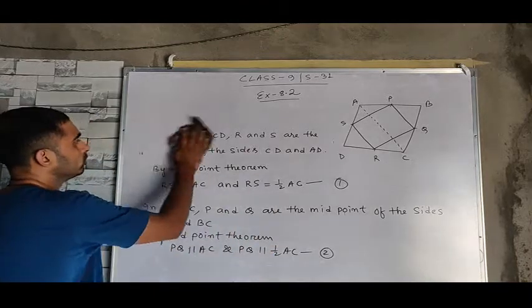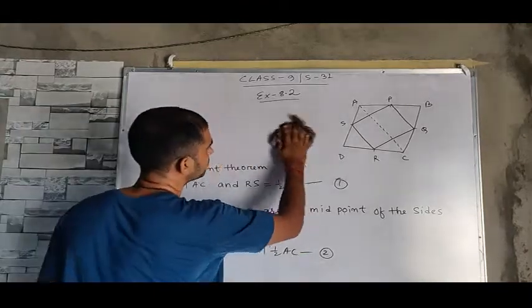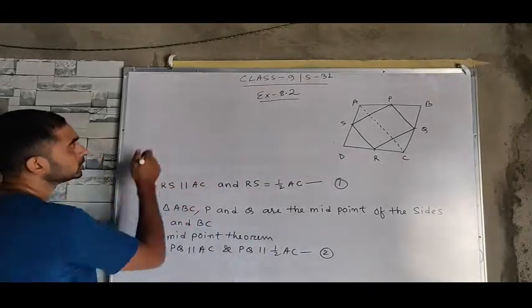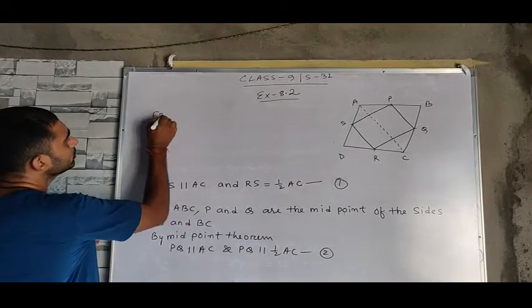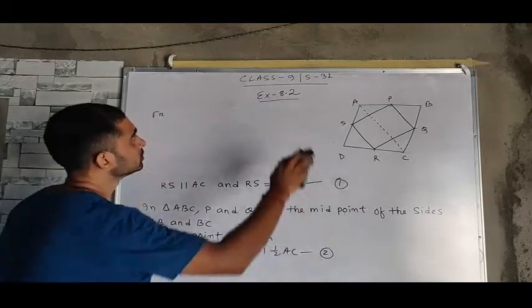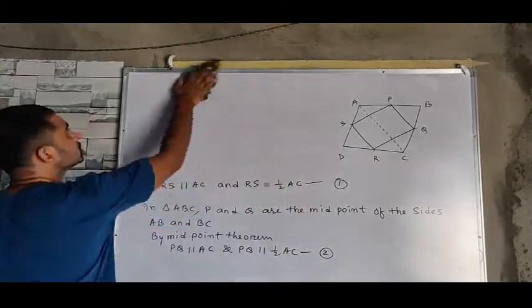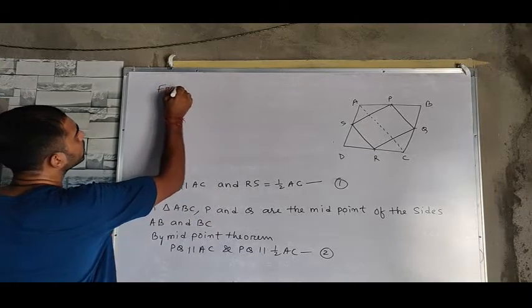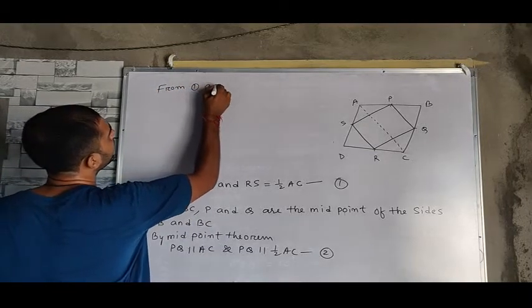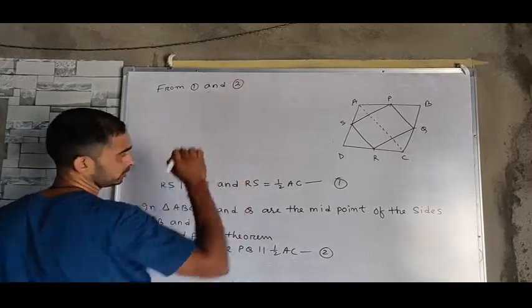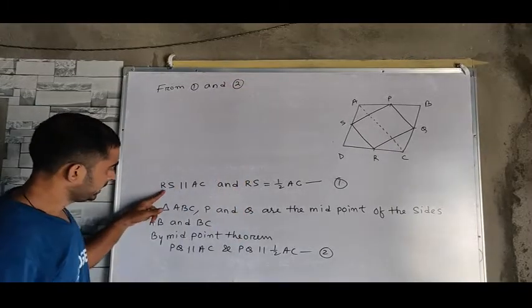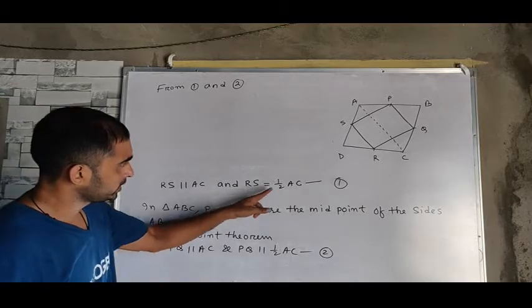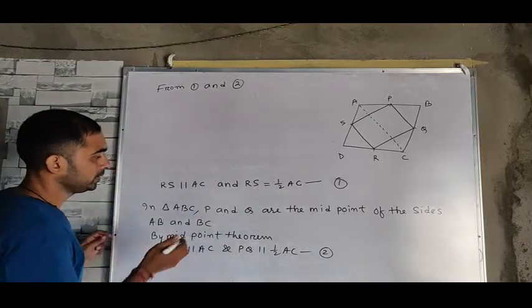Now from 1 and 2, see, RS is parallel to AC, PQ is parallel to AC, and RS is equal to half AC, PQ is equal to half AC. It means what?